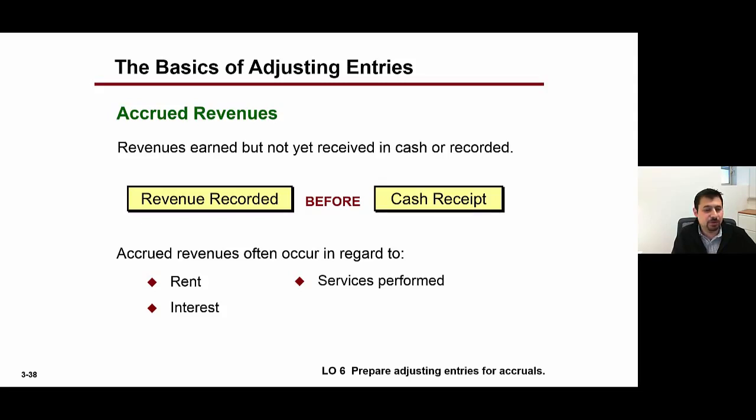Here we have a revenue that we have earned, but we did not receive cash, and this is where we talk about, in general, receivables. Examples of that would be when the bank gives a loan to a company. From the bank's perspective, the bank will start earning interest from day one, but the company will not pay interest on a daily basis.